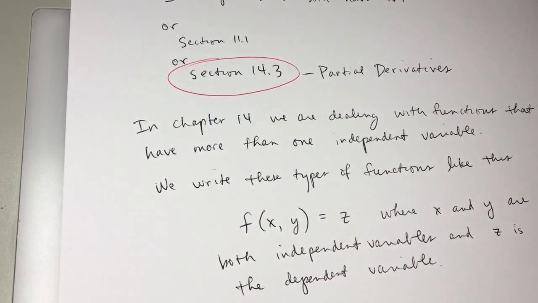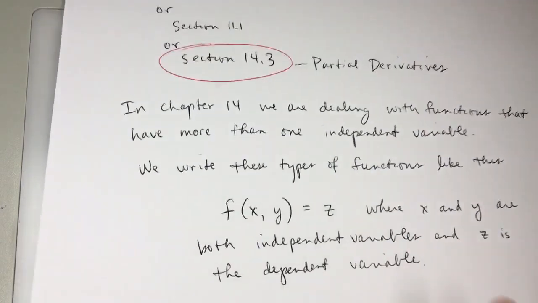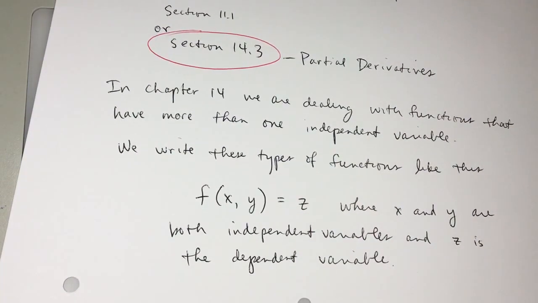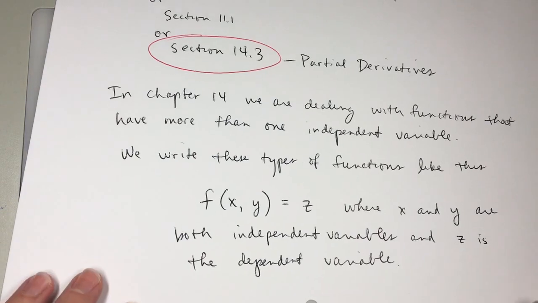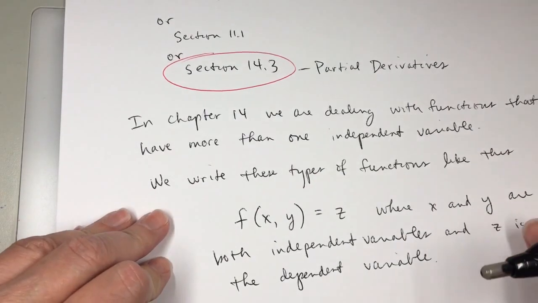In the example in the book, they give the heat index as the dependent variable, and they both depend on the humidity and the actual temperature. So in 14.3, we are doing derivatives of functions like this, and we call them partial derivatives.